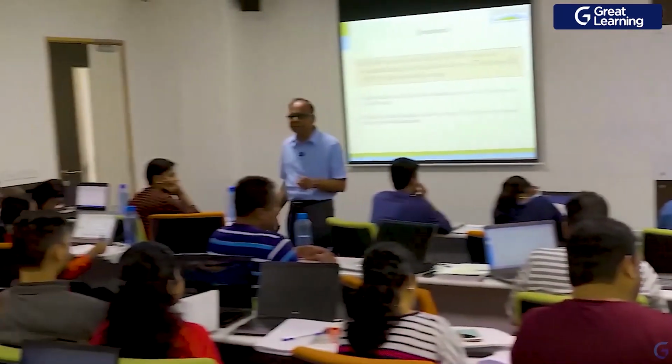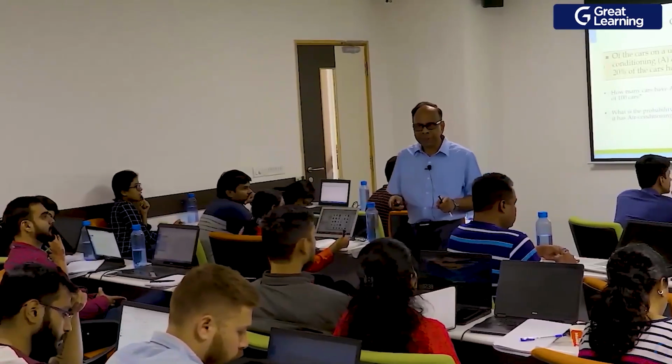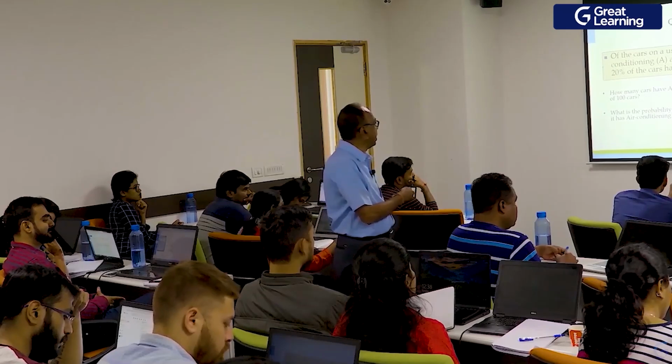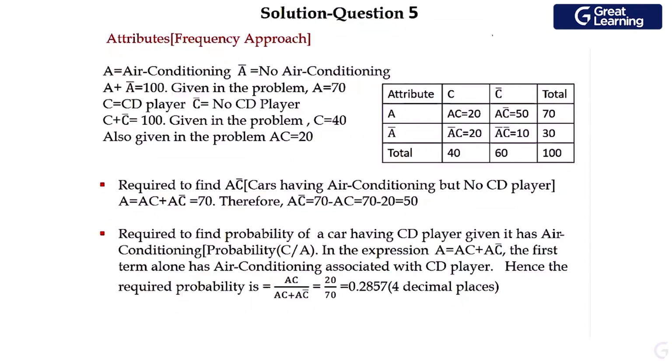Why? Because it is not a simple probability. The air conditioner can occur with a CD player. It may not occur with a CD player. A equal to AC plus AC bar means the probability of A is a marginal probability, because I'm marginalizing for the effect of the CD player. It can occur with CD, without AC, without CD.